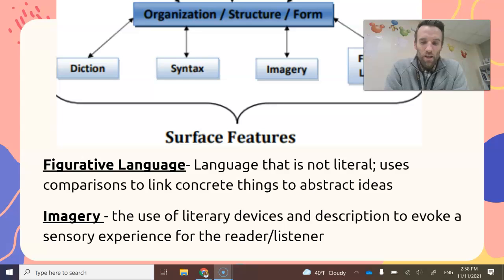And then imagery is literary devices that evoke a sensory experience. So the key word there is sensory, your five senses. And imagery gets you to feel a certain way and think a certain way based on appealing to your five senses.